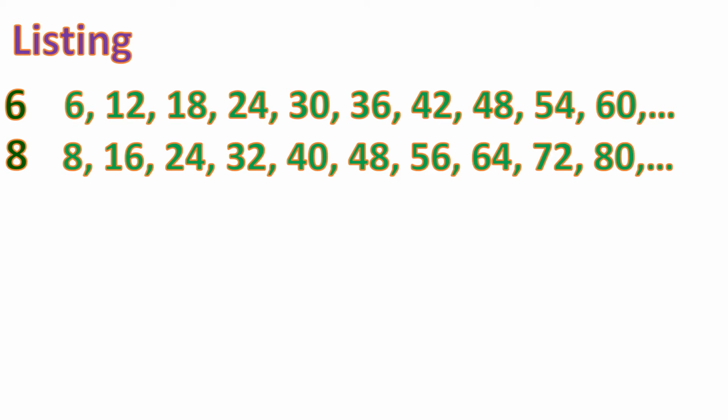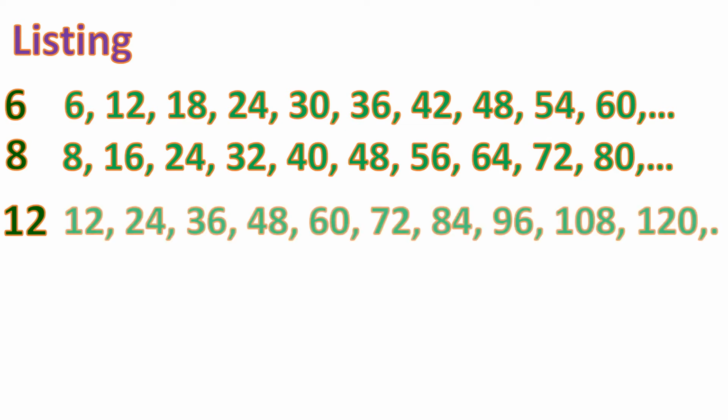And so on. There are, again, infinitely many multiples of a number, and we'll just end at 80. Then we will list all the multiples of 12 by keep on adding 12 to the number. So we have 12 plus 12, 24, plus 12, 36, 48, 60, 72, 84, 96, 108, and 120, and so on.